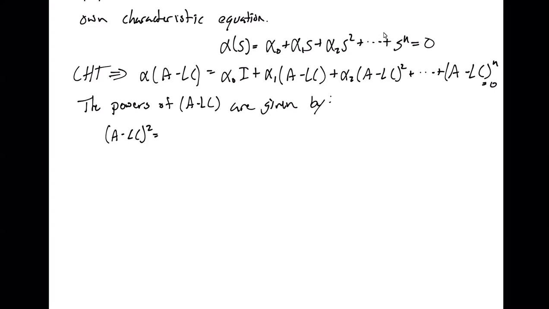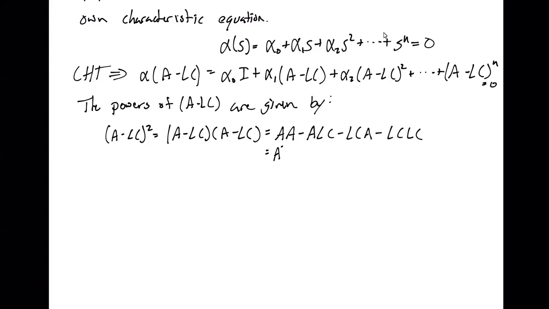So this will be equal to, again, A minus LC times A minus LC, which is equal to A times A minus A times LC minus LC times A plus LC times LC. Okay. So an easier way to write this would be A squared minus ALC minus LCA plus LC squared.